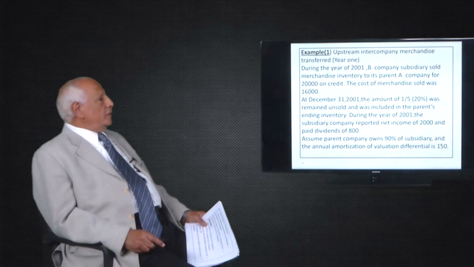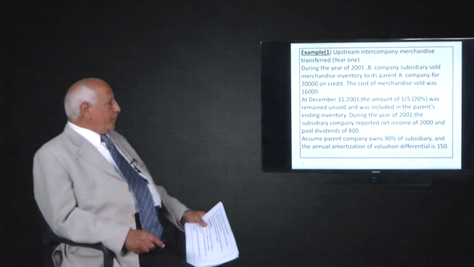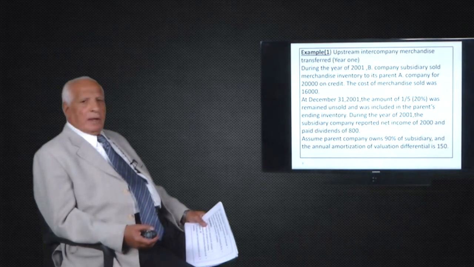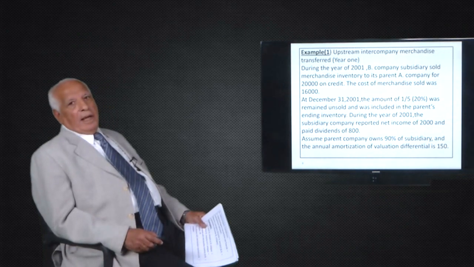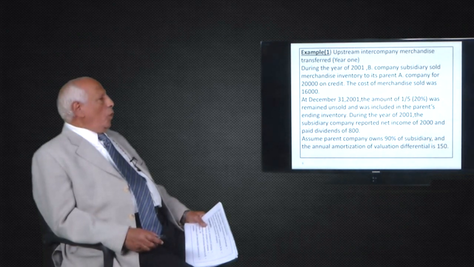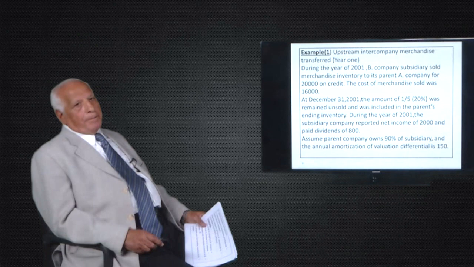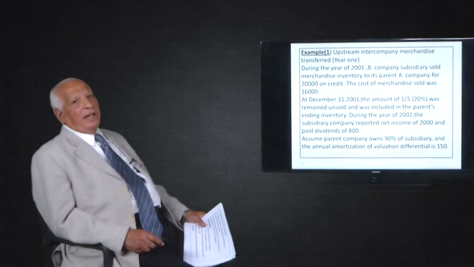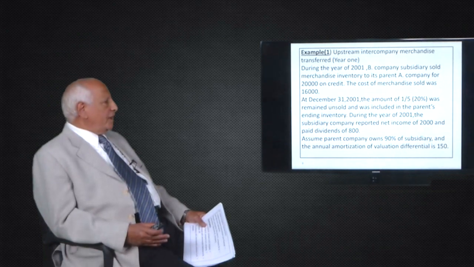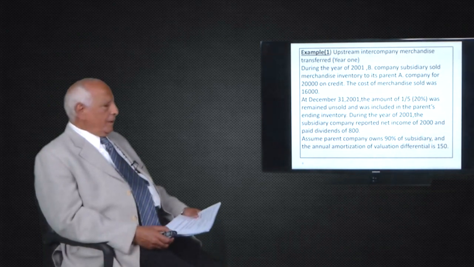During the year of 2001, the sub-company reported net income of 2,000 and paid dividends of 800. From this information, I'm going to ask you again, assume the parent company owns 90% of the sub and the annual amortization of valuation differential is 150. It's a given. He told you this one. Okay, let's continue.